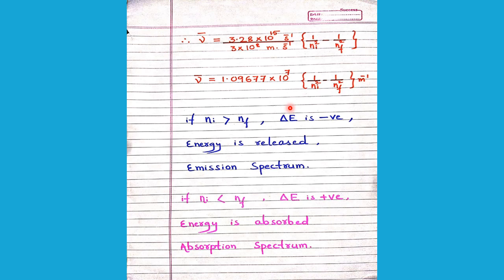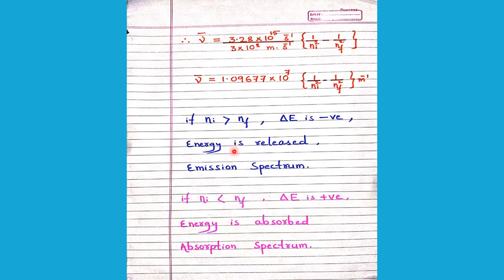Now if Ni is more than Nf, at that time delta E is negative. Energy is given out, energy is released because Ni is more, and that spectrum is called the emission spectrum. If Ni is smaller than Nf, it means the electron goes from a lower level to a higher level, whereas in the earlier case it was coming from a higher to a lower level.